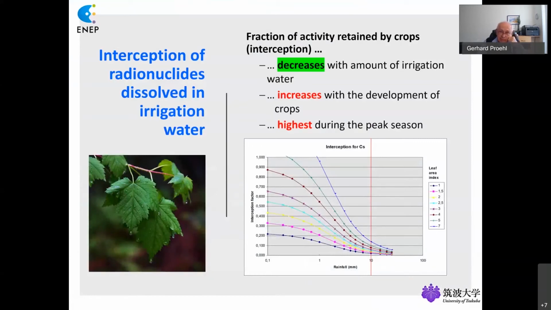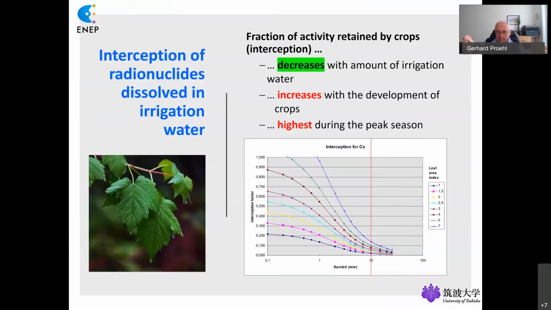Let's look at the interception of radionuclides dissolved in irrigation water. The point is, the higher the fraction, the higher is the activity concentration in the crop due to irrigation with water which contains radionuclides.